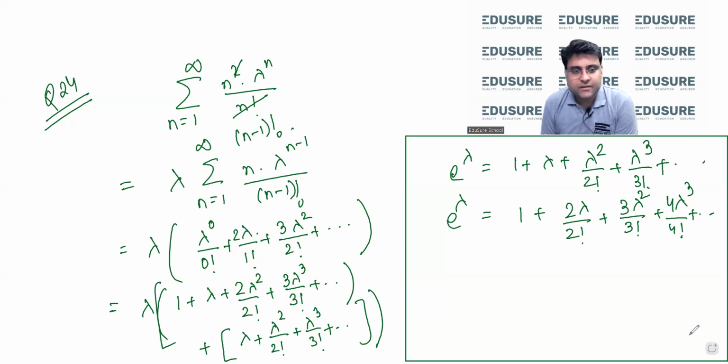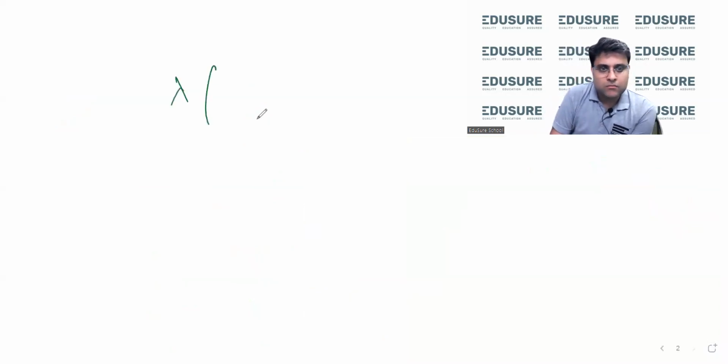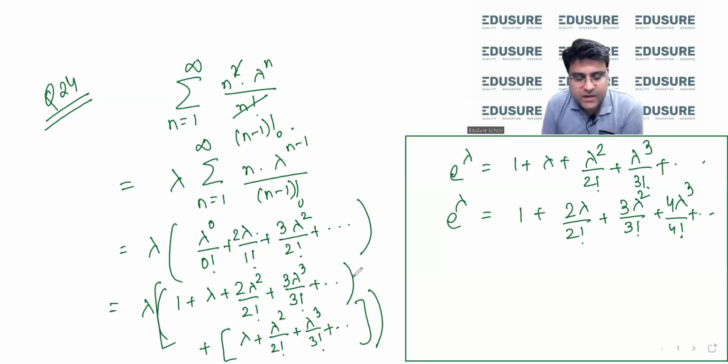Okay, so this can be written easily as, this first part is basically e to the power of lambda, right?